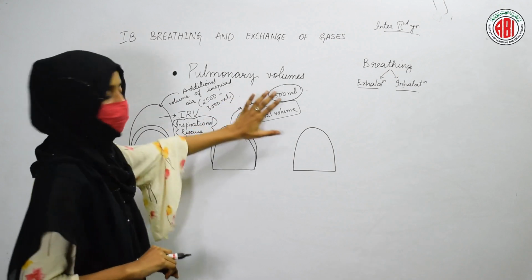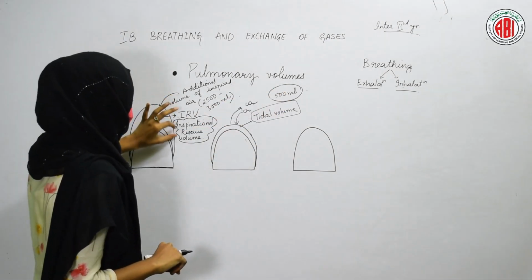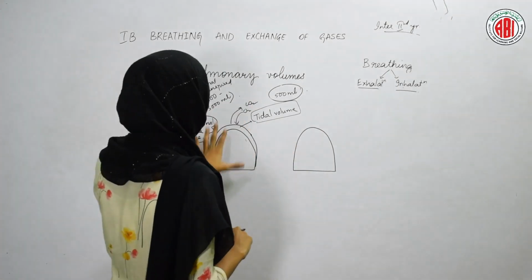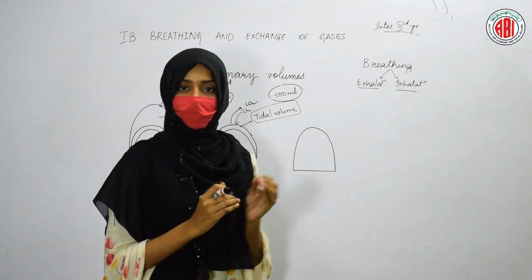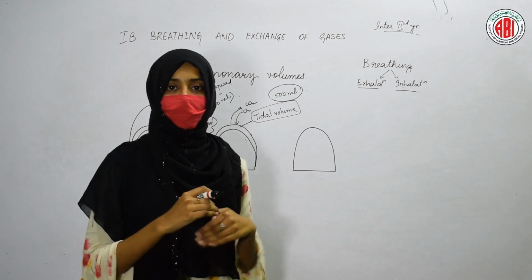This is about normal inspiration and expiration, and we have discussed inspiratory reserve volume. I told you that a fixed amount of air is always present in the lungs. From that fixed amount also we can expire some.